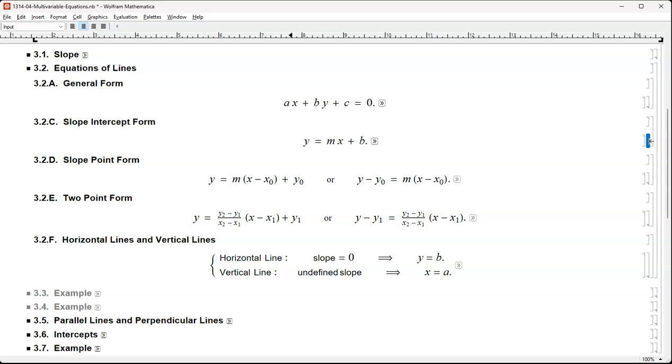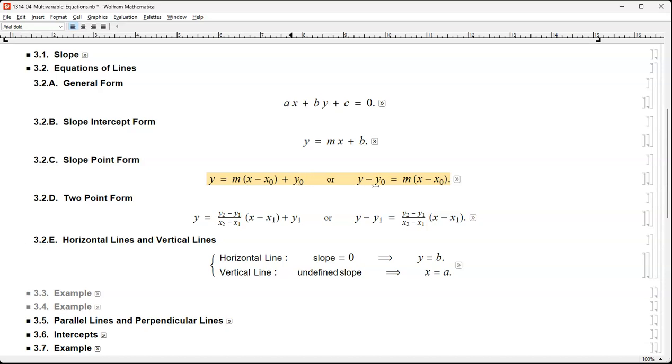Next, slope point form. Wait a minute, why do we have A and C instead of B? Sorry about this typo. Okay, that should be C, and that should be D, and that should be E. Sorry about that. Slope point form with a slope m, running through x0 comma y0. I prefer to have it this way, but many people prefer the other way, flipping this y0 to the other side.